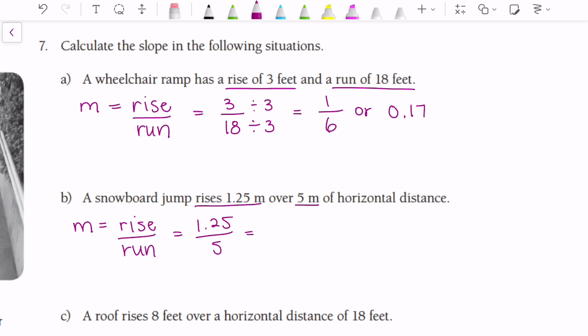Okay, if you divide this in your calculator, you would get 1 over 4. But in this situation with a fraction, you would multiply by 100, get 125 on the top, over 500, and then if you divide that, you would get 1 over 4 or 0.25.